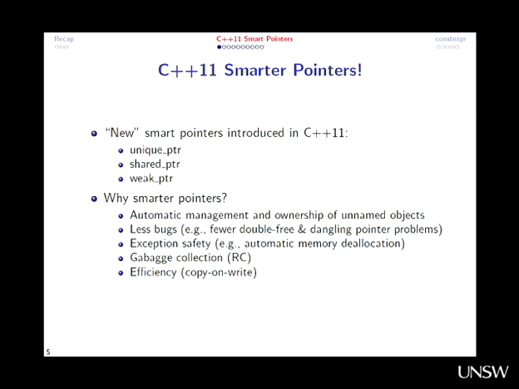Okay? C++11 does not have a garbage collector, unlike Java. Java has a garbage collector. It automatically cleans up memory for you. C++11 does not have a garbage collector, but with the shared pointers and the smart pointers, you can work towards those concepts. And there's also efficiency in the smart pointers. There's a thing called copy on write.